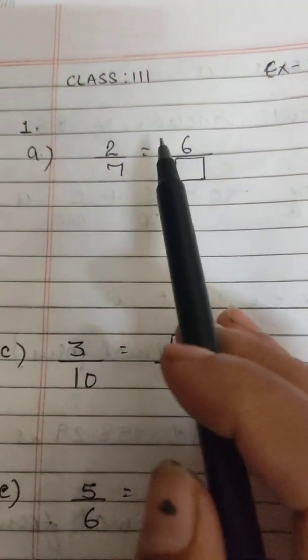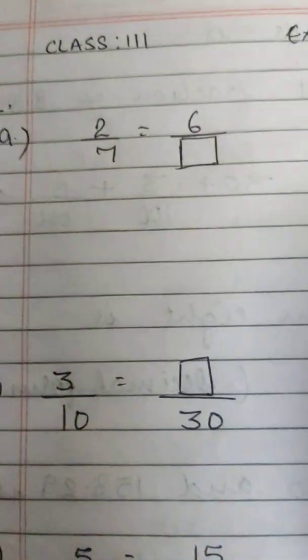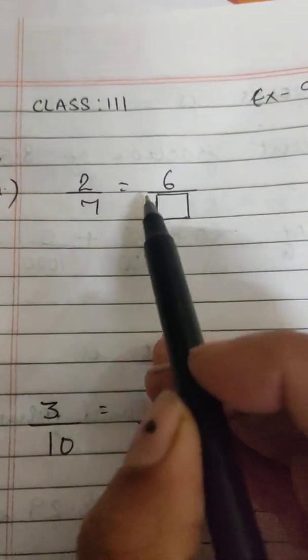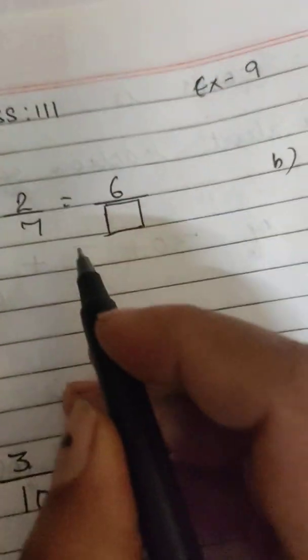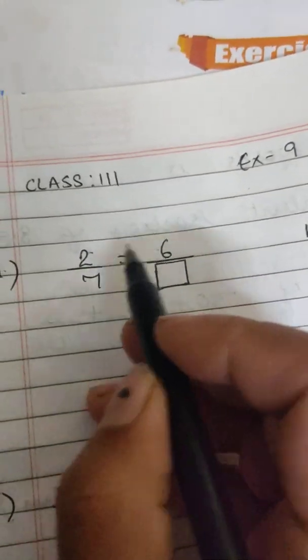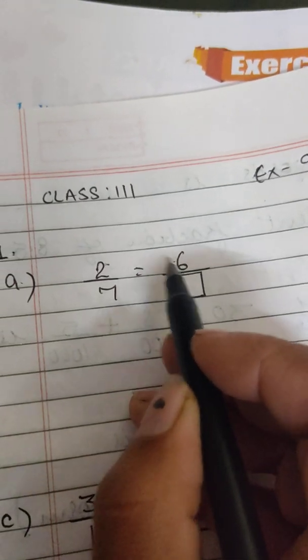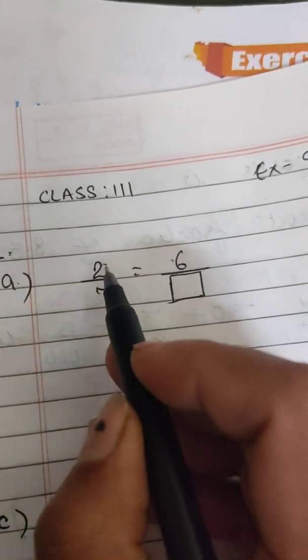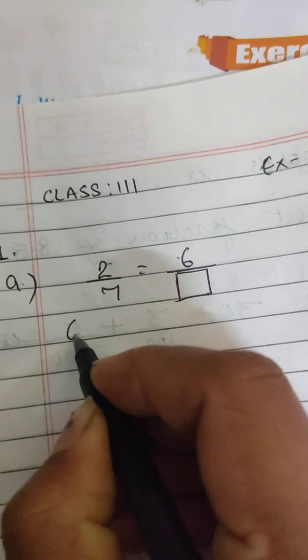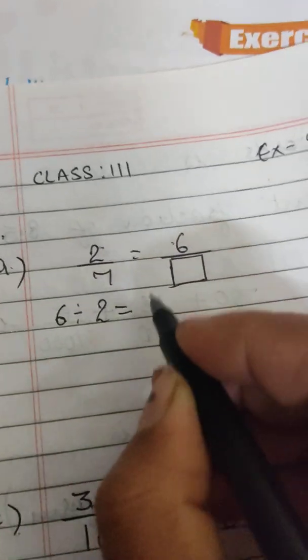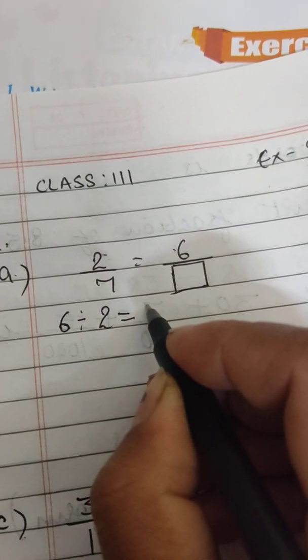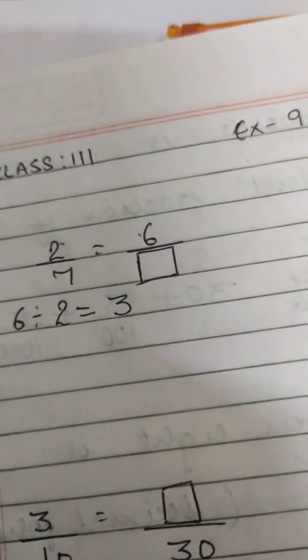So here we have to fill in the blanks with the equivalent fraction. So 2/7 is equal to 6/dash. अब हमें डिनोमिनेटर निकालना है. So first what we are going to do, numerator is given, denominator is not given. So 6 को हम numerator will be divided by the numerator. 6 divided by 2 gives you 3.